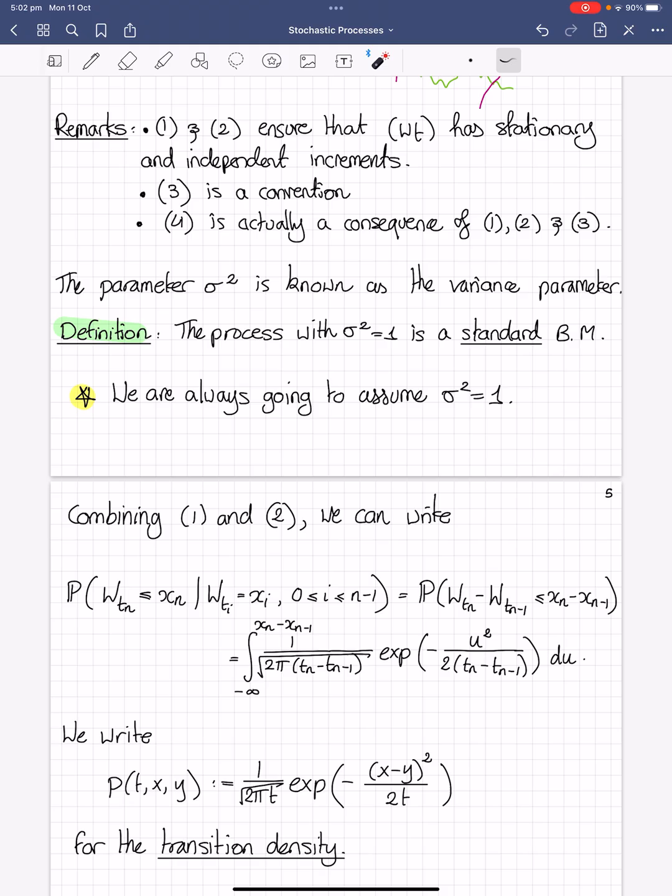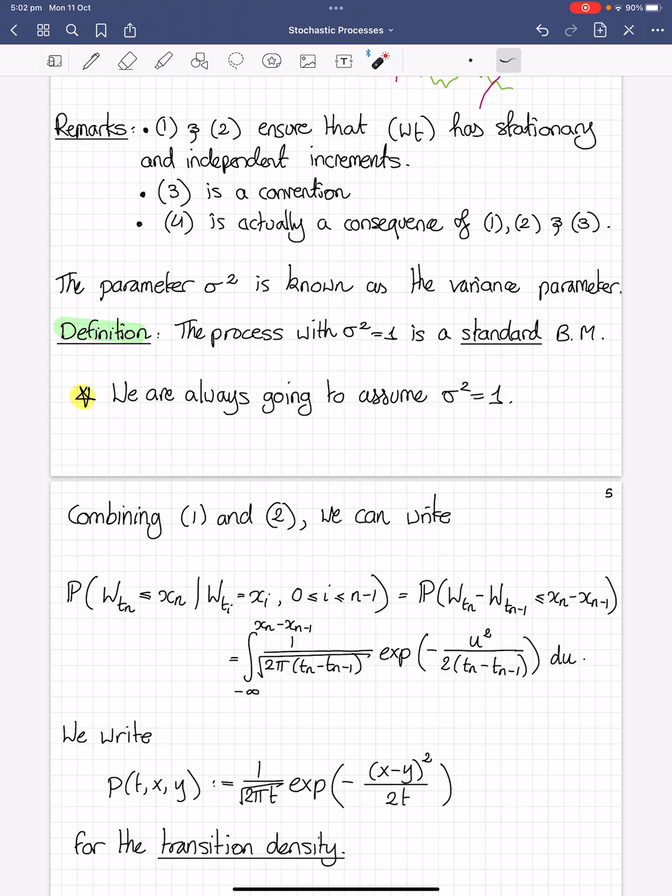So we condition on a whole bunch of other time points, and this distribution is basically given by the distribution of the increment of the Brownian motion. If we condition the Brownian motion at T_{n-1}, then the increment past that is given by the increment from T_{n-1} to Tn. And that can be explicitly written out in terms of a CDF like that.